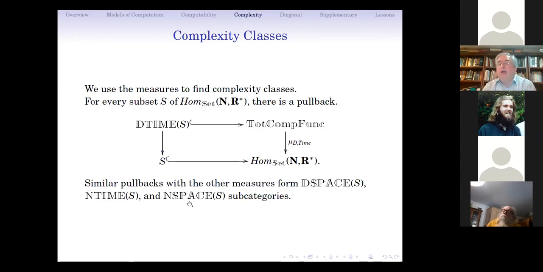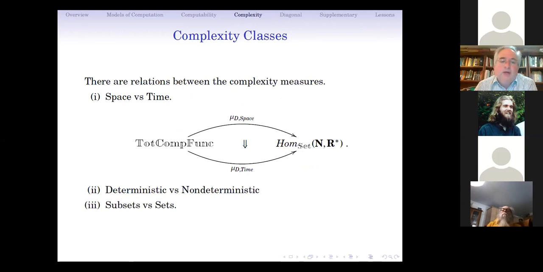Now, question: how are these different complexity classes related to each other? It goes as follows. There are three different dimensions of relations. We could talk about space and time, and this is somewhat of a natural transformation. The idea is as follows.